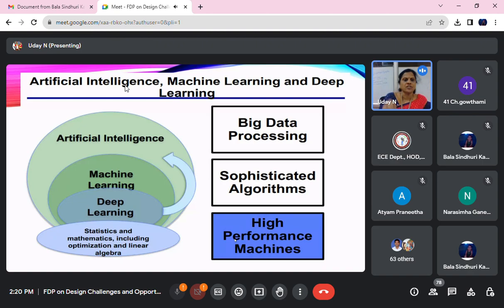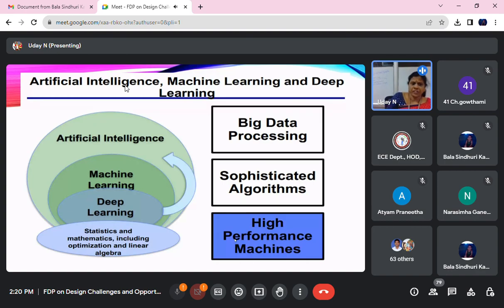The training that is imparted to the machine to understand and do certain tasks is called machine learning, which is a part of artificial intelligence. And as I told you earlier, deep learning is again a subset of machine learning, having multiple layers to do processing at multiple levels.